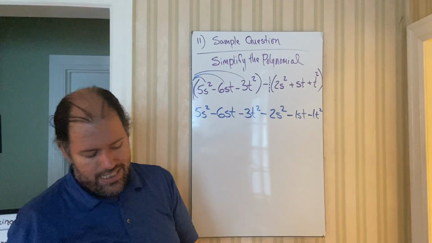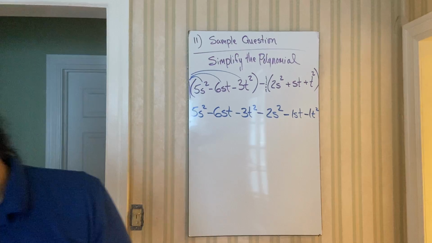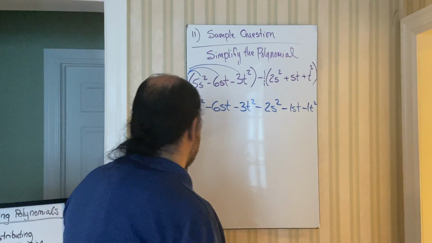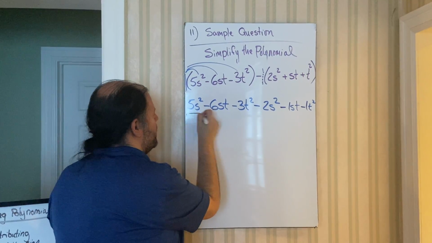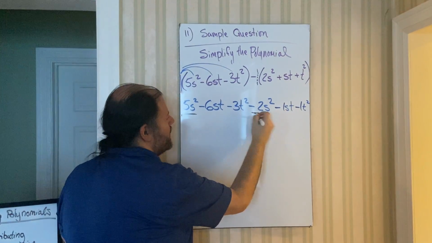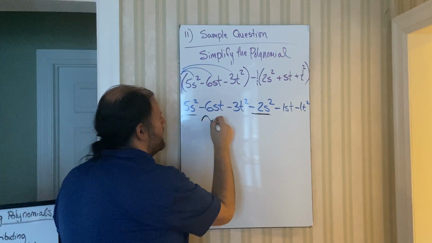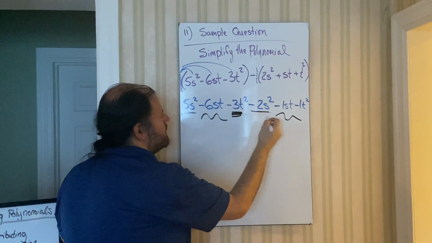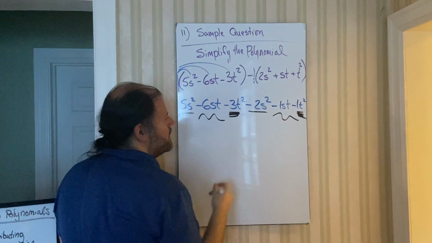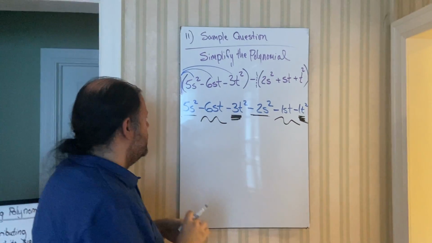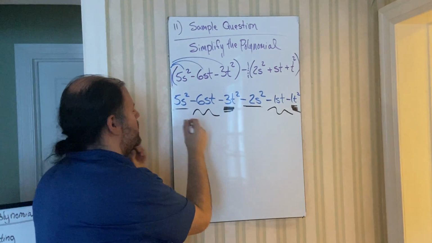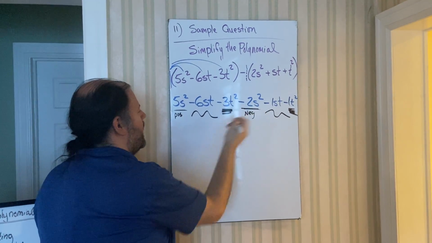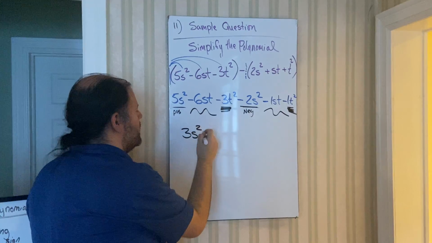Once you get here, then collect any like terms. Remember, like terms means you have to have the same variable and exponent. So s squared goes with s squared, and then st with st, and then this with this. So when you do that, notice this and this, different signs, 1 positive, 1 negative, subtract 3s squared.